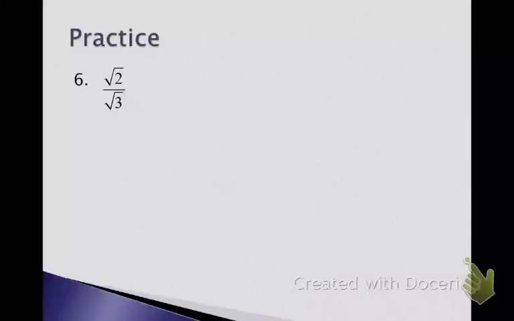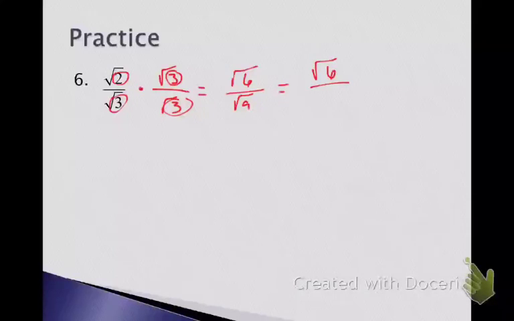We're going to multiply the numerator and the denominator by, you guessed it, the square root of 3. By the exact same radical in the denominator. So we go 2 times 3 because they're both inside and get 6. 3 times 3 because they're both inside, we get 9. So we get the square root of 6 over the square root of 9 is 3, and we're done.